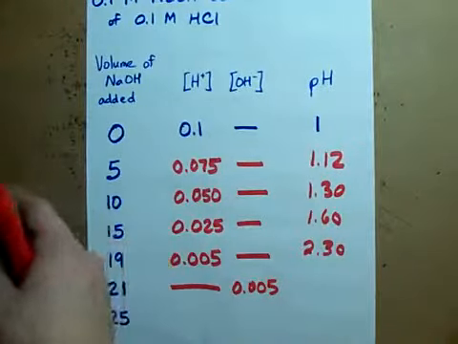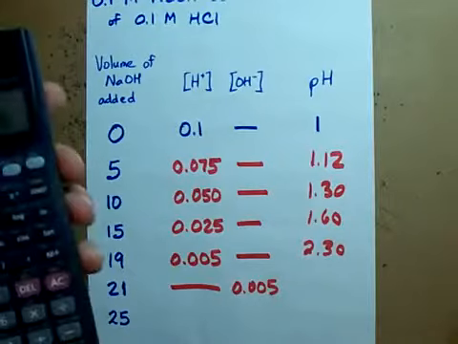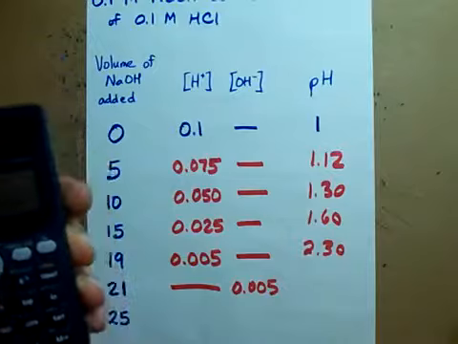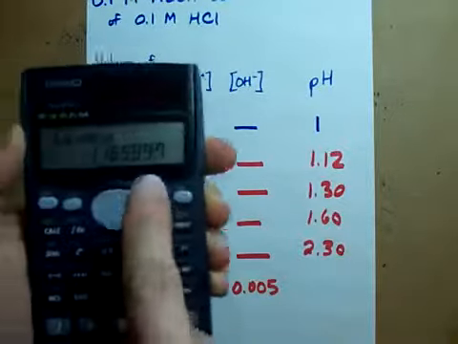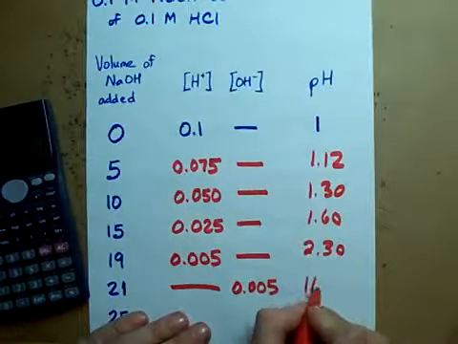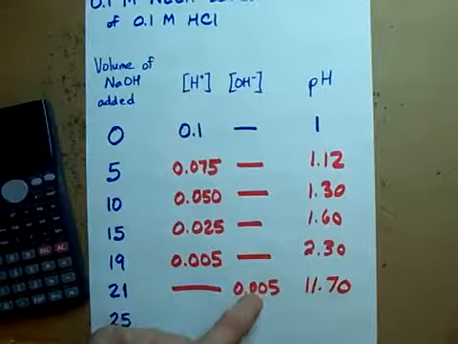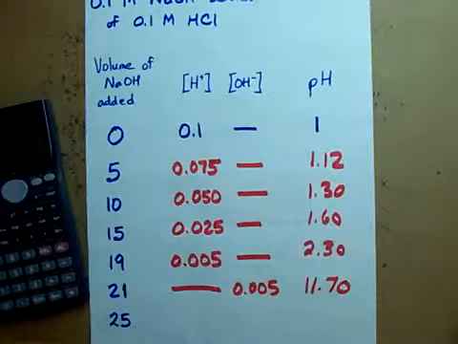What that means is that my pH is now negative log 0.005. Well, that's my pOH. My pH is now 11.7. Because my OH concentration is now what's dominating, and it's a strongly basic solution.